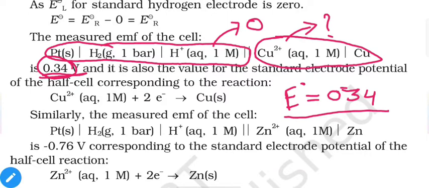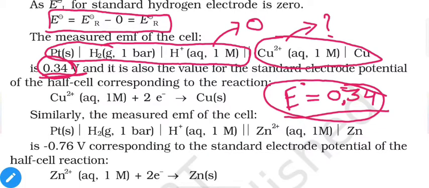So by placing the values in the equation mentioned here, you can find the half cell reduction potential of copper, and it will be 0.34, because when we attach the hydrogen half cell, then E cell becomes E_R, that means cell potential is equal to the reduction potential of the cathode. So this value also represents the reduction potential of the copper half cell.